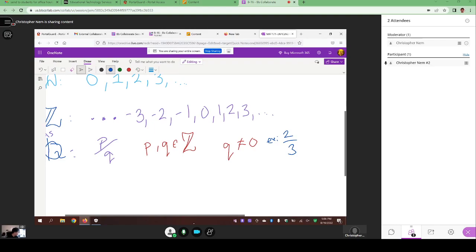What else do we have? Well, we all know 2 divided by 3 in our calculators is represented as 0.666 with a bar over it. Your calculator might round it up, but if it didn't, it would be 0.6 with a bar over it, which represents the 6 repeating forever.